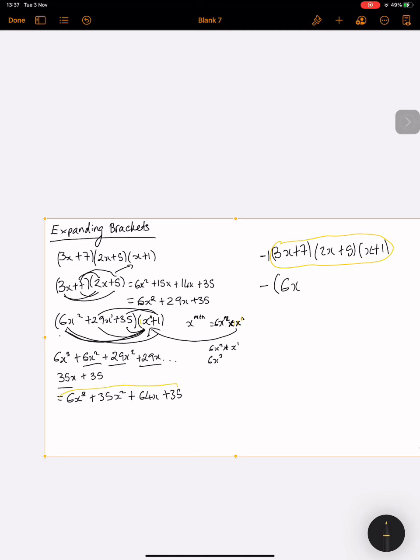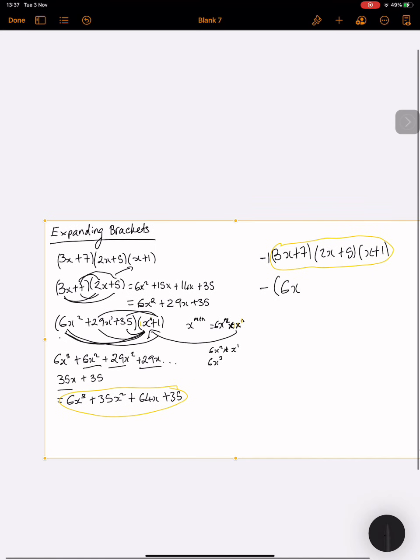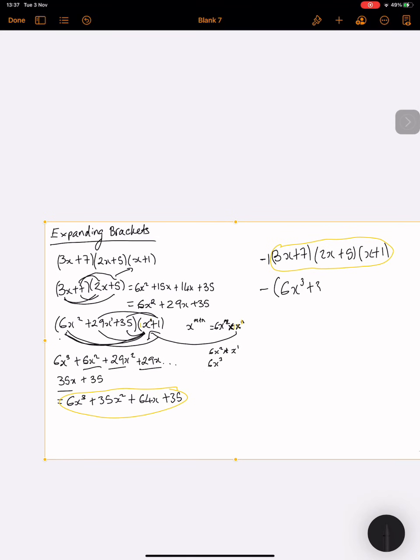We know that 6x cubed plus 35x squared plus 64x plus 35 all equals that. Now what we're doing is timesing it all by minus 1. So that would become minus 6x cubed minus 35x squared minus 64x minus 35.